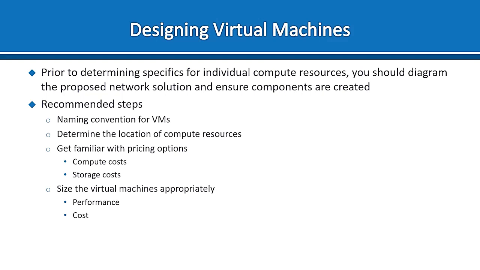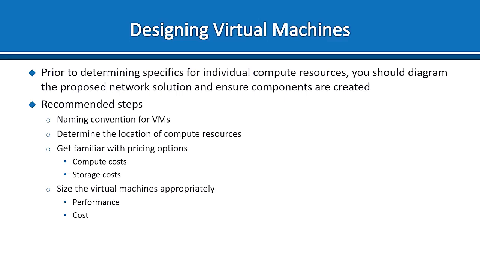Now, we do know that you can obviously provide that connection through VNet peering or with an on-prem network through the VPN gateway, but the point is start with the network configuration, kind of figure out where we want these virtual machines and the general function that they're providing prior to trying to determine the actual compute resources.